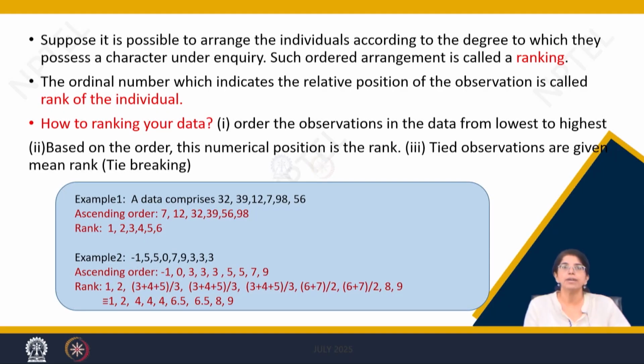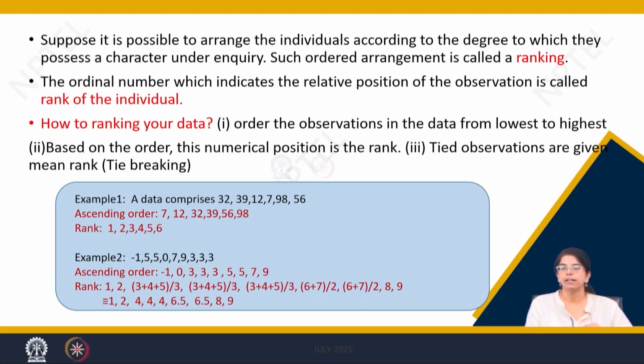Now let us have a quick example. The data comprises 6 observations: 32, 39, 12, 7, 98 and 56. First, arrange all these observations in ascending order, from the smallest to the largest: 7, 12, 32, 39, 56 and 98. So what will be the rank?